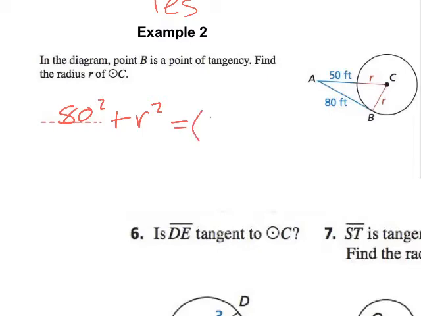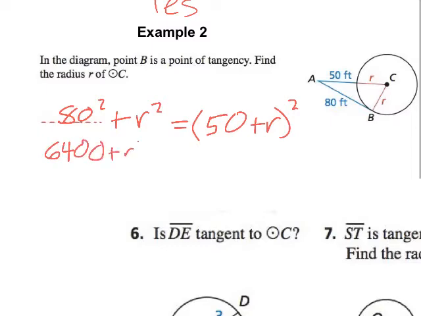So I need 50 plus r, quantity squared. So 80 squared. Let me just get a calculator so I don't have to keep asking you guys. So 80 squared is 6,400.